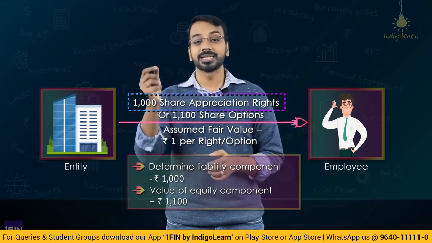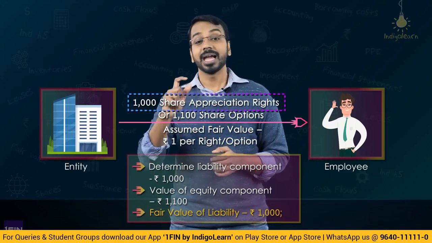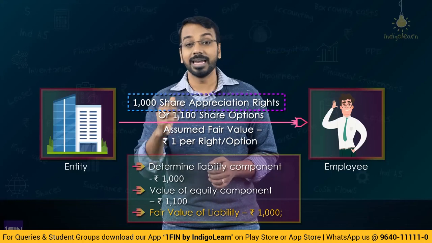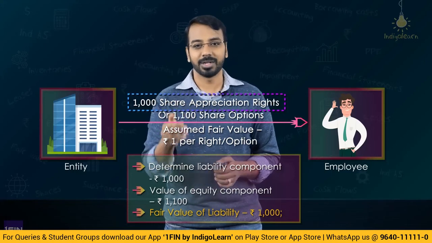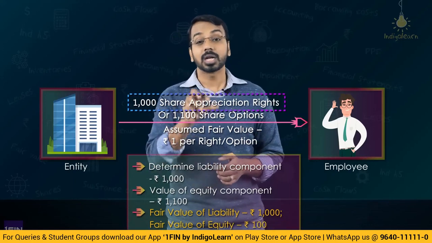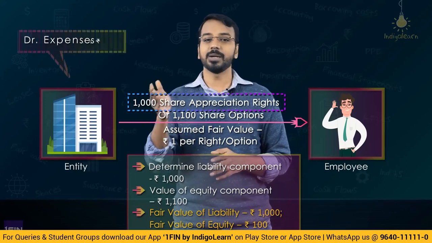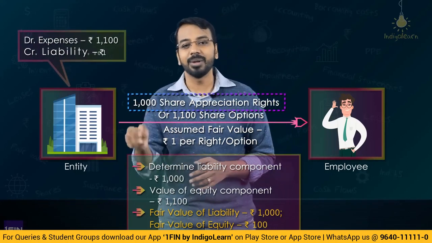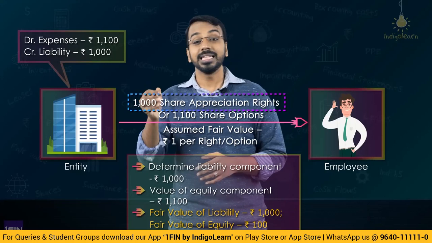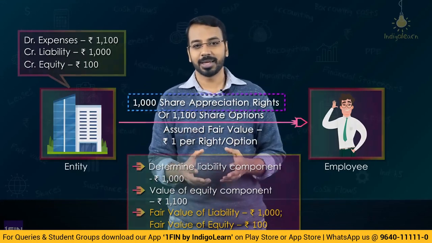So the standard says 1000 is the fair value of the liability for which a liability has to be created, and the difference between the equity value and the liability component, the difference of 100, will be the equity component, or the equity settled transaction. So your expenses will be debited by 1100, whereas liability will be credited by 1000 and equity will be credited by 100.